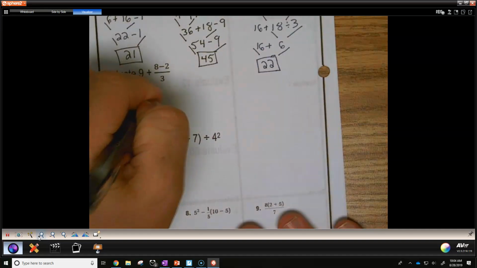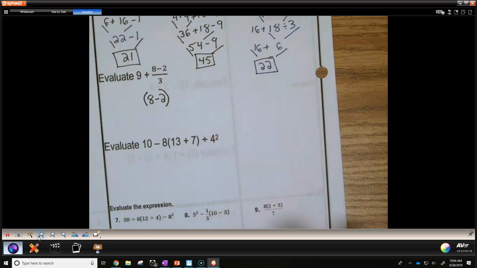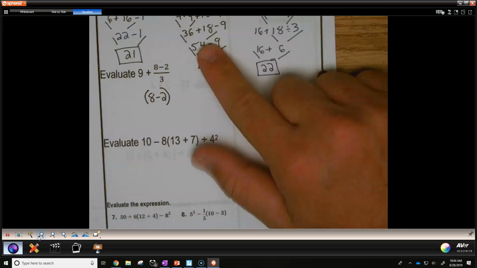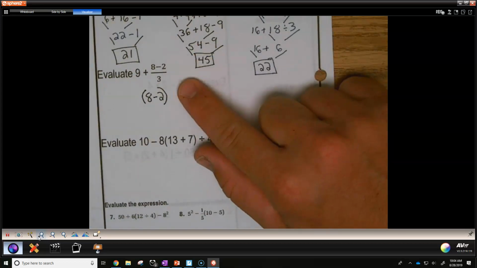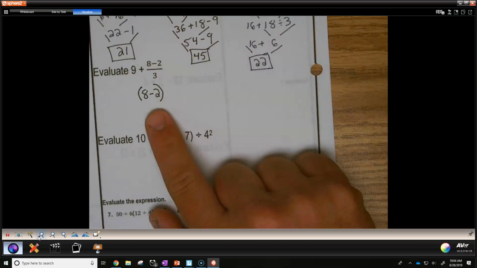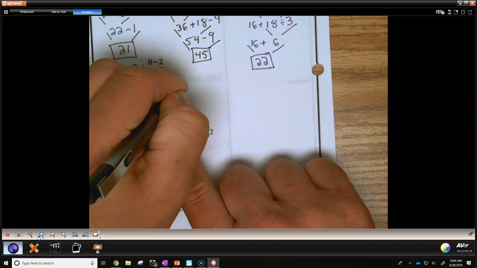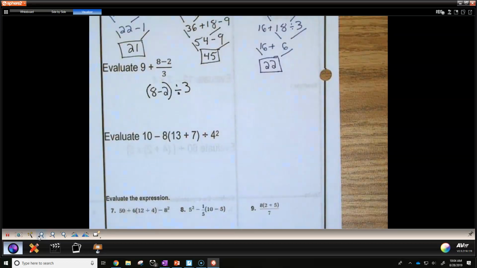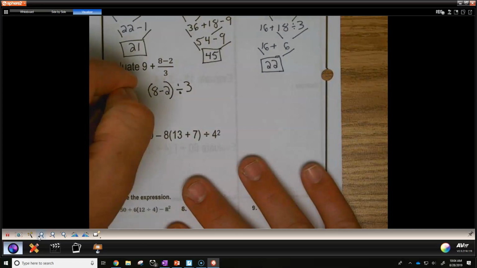I'm going to say parentheses 8 minus 2. Now, when I do a fraction, I have to divide my numerator by my denominator. So when I do 8 minus 2 first, then I'm going to divide it by 3. And then I still see I have a 9 plus.